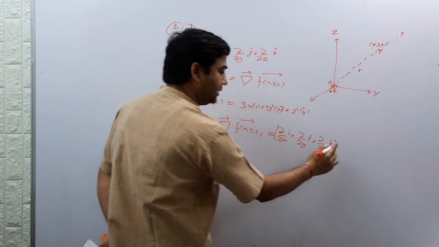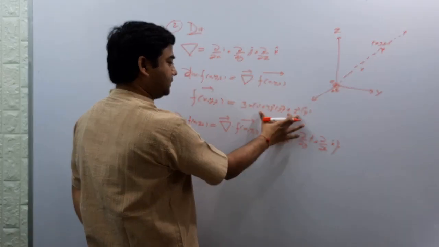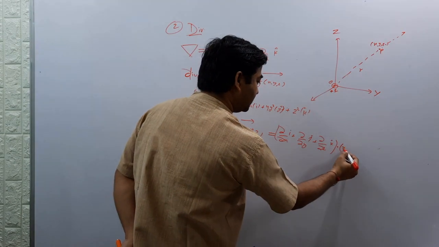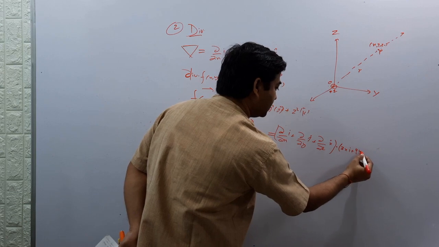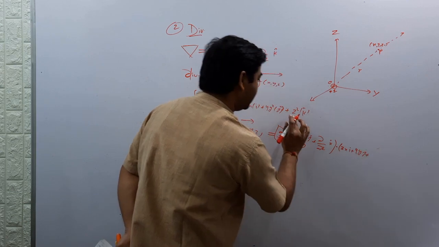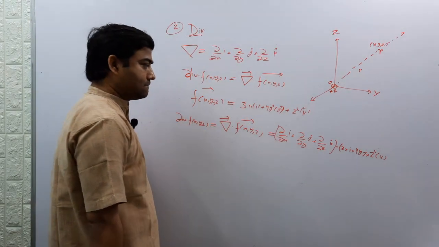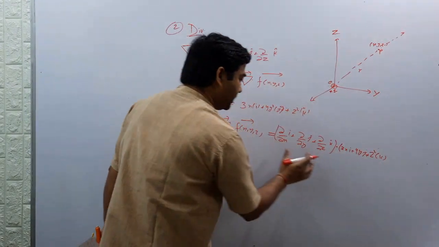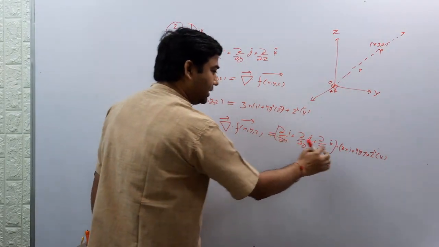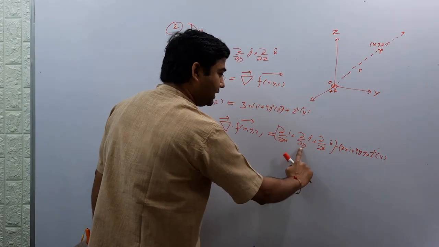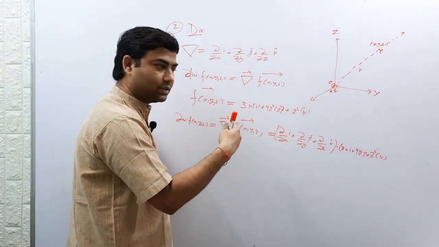That is the definition of del dot this function, where the function is represented as 3x i plus 4y square j plus z square k. So you have to find the dot product. i dot i is 1, and the dot product of i with the other two components will be 0. We have discussed the dot product in the vector chapter.